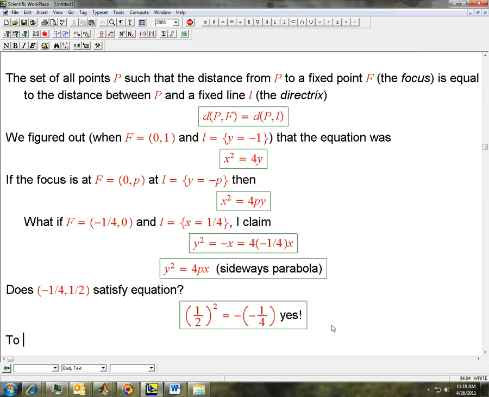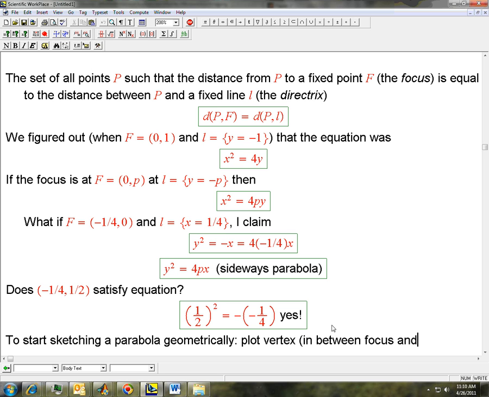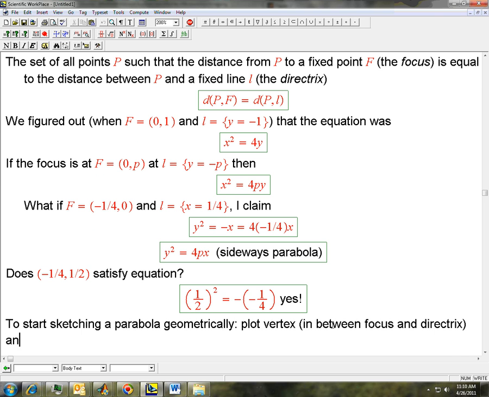To start sketching a parabola geometrically, we can plot the vertex, which is easy, halfway in between focus and directrix, and the endpoints of the latus rectum, which are the number 2p on either side of the focus.